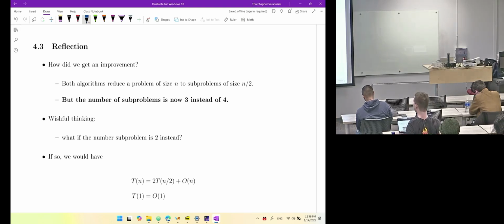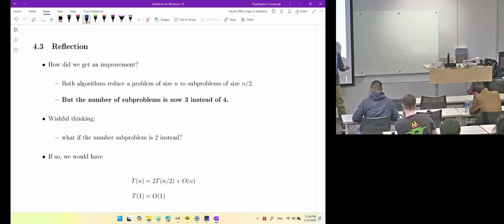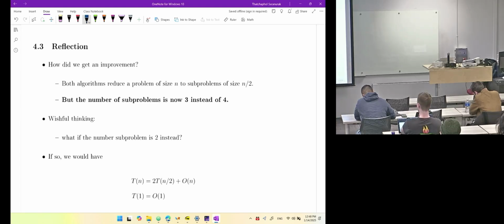And you can ask yourself, can you go further? Instead of 3 subproblems, can you reduce it to 2? If you can do it, then how would the recurrence of the running time look like? It's going to look like this, with 2 instead of 3.